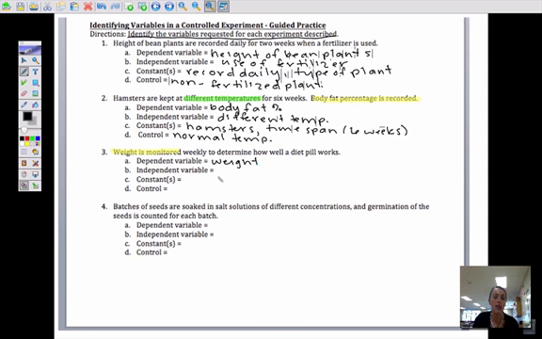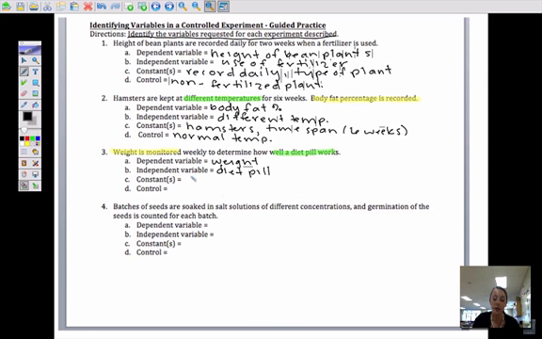Now, what causes the weight to change? What's our independent variable? What are we using to change the dependent variable? That comes later in the sentence. How well a diet pill works is going to be our independent variable. So the use of a diet pill is our independent variable.